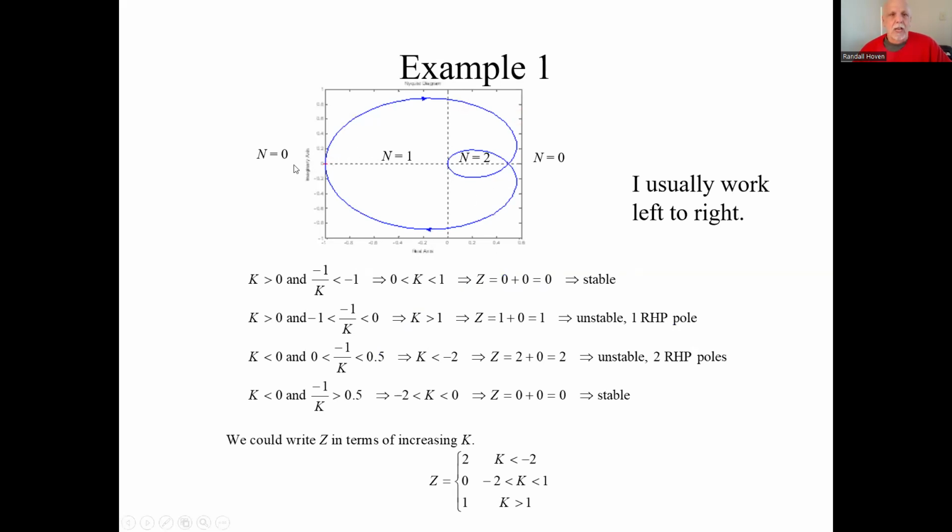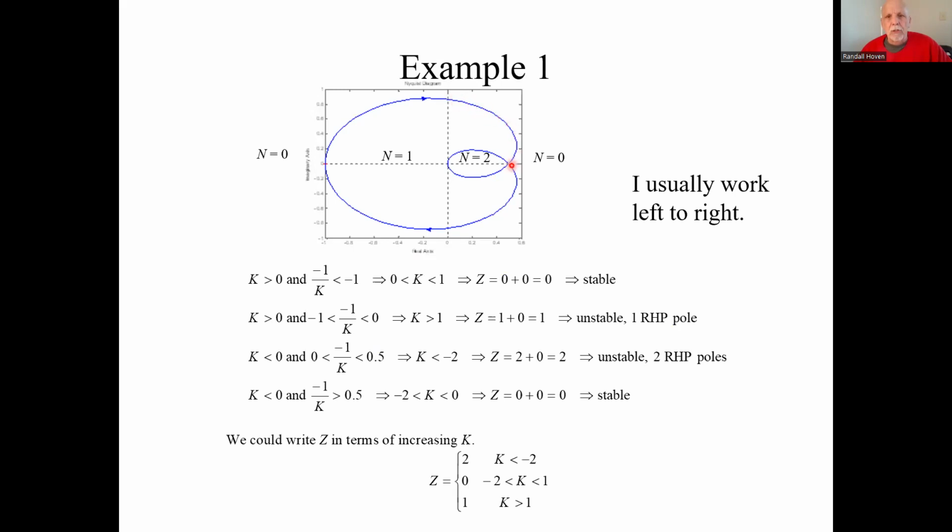So let's look at this guy. By the way, this guy has no infinite loops. It doesn't, the loop transfer function had no poles at the origin. Out to the left of this point, there's no loop, so n equals 0. Any point in here, pick a ray out to infinity, 1 crossing in the clockwise direction, n equals 1.